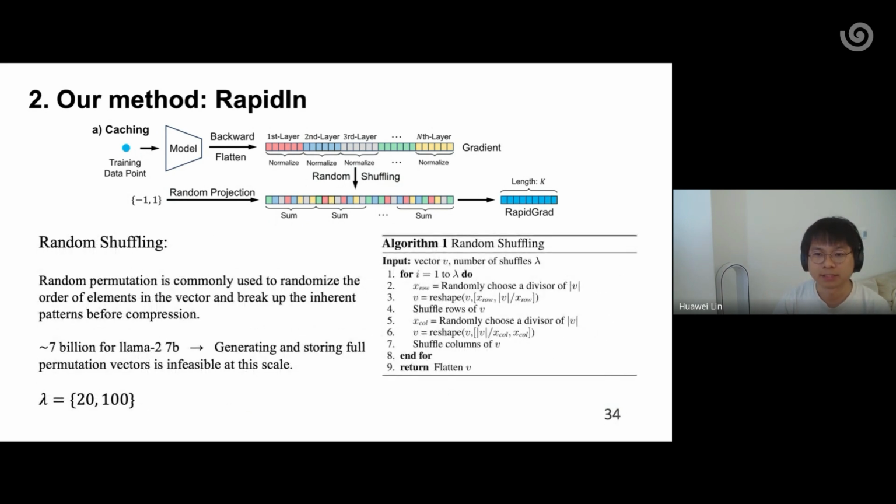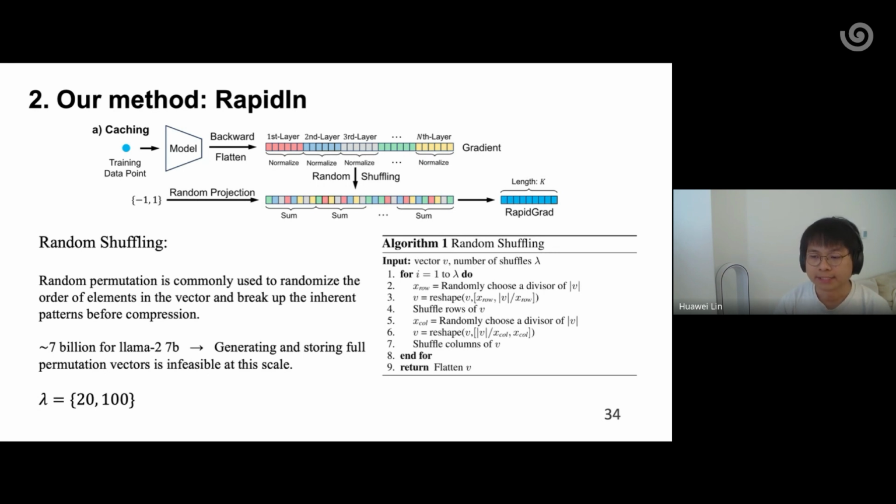And then after the normalization, we use random shuffling to break up the inherent pattern of the vector. In prior studies, they commonly use random permutation to randomize the order of the vector. However, in a large language model, the dimension of the vector can be very large, so generating and storing the full permutation vector is infeasible at this scale. So we propose random shuffling, as shown in the algorithm. We shuffle the vector lambda times.